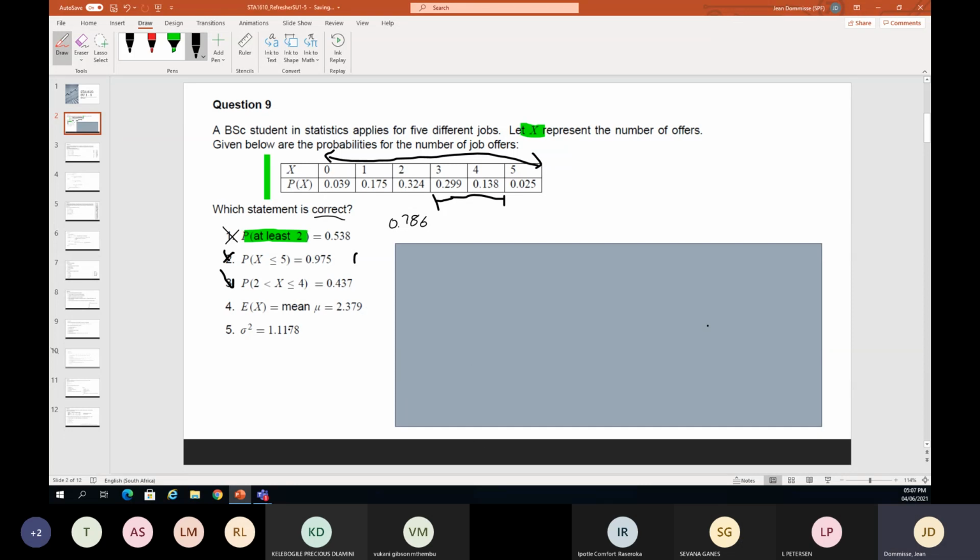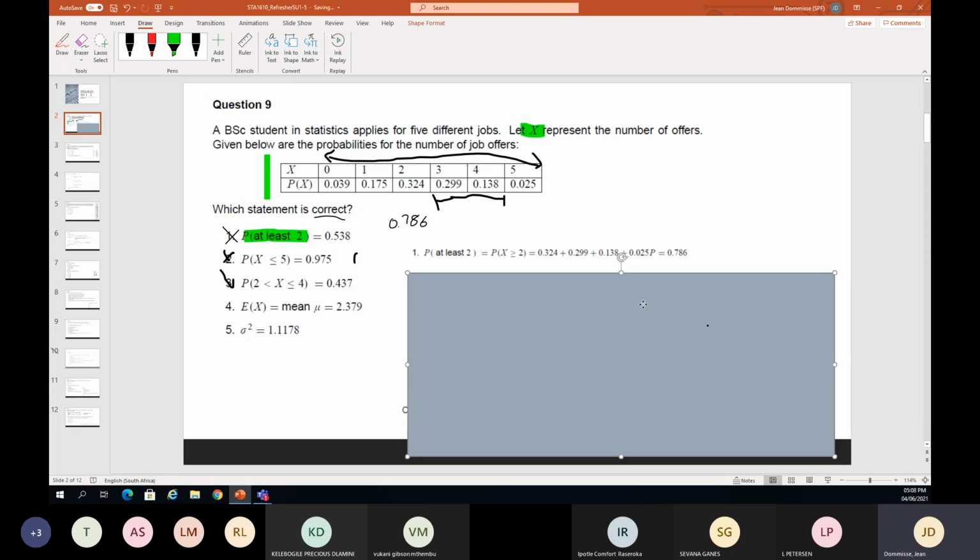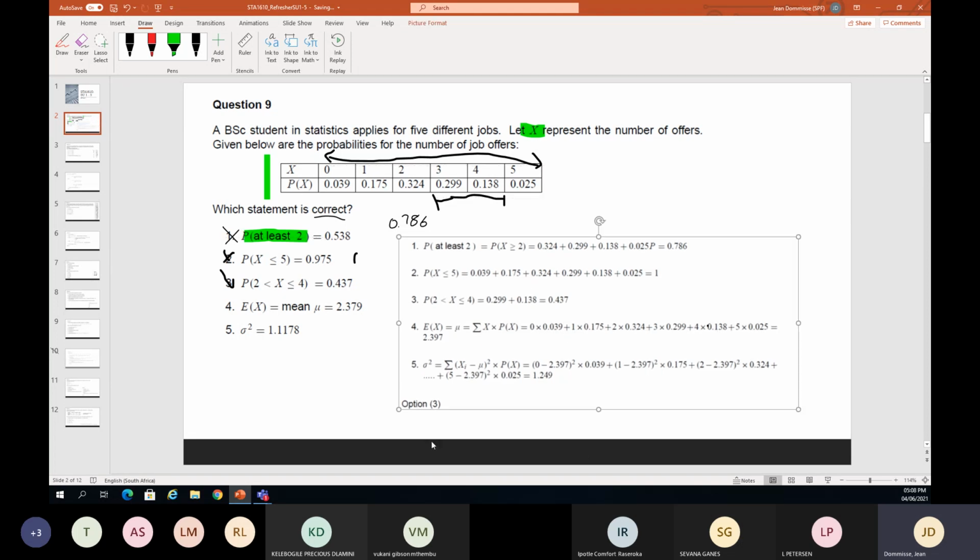Then we need to work out the mean, and we need to work out the variance. I have copied what we need to do, because it is a lengthy process.